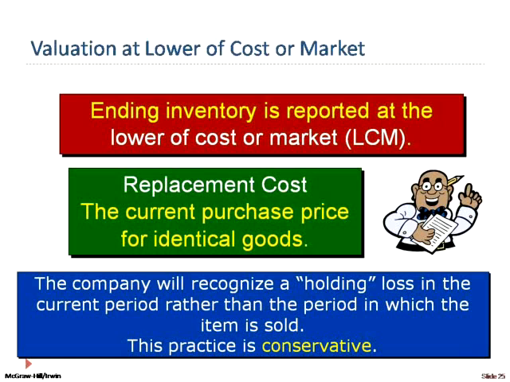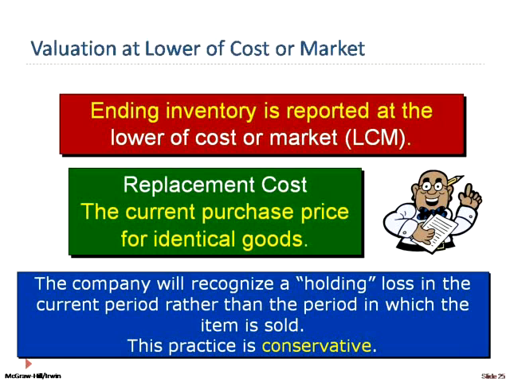Replacement cost is the current purchase price for identical goods. This departure from the cost principle is based on the conservatism constraint, which requires special care to avoid overstating assets and income.